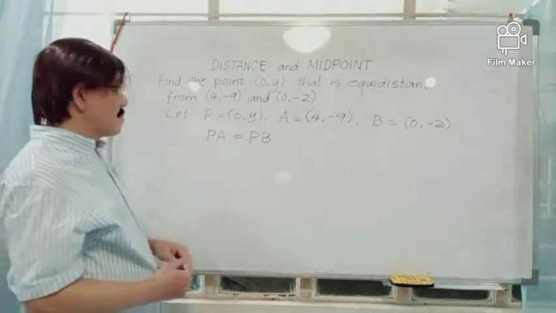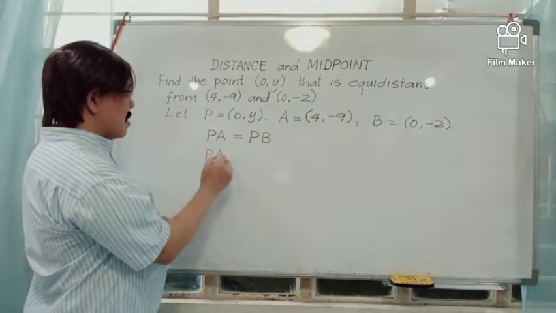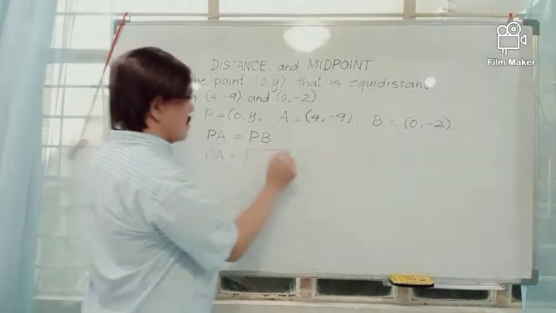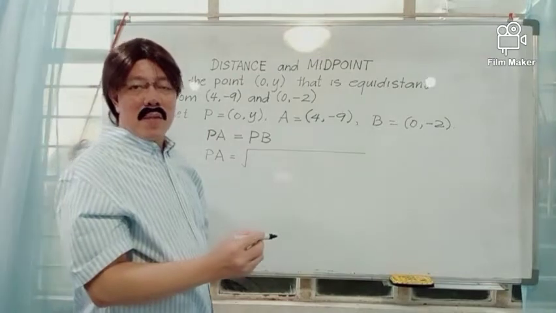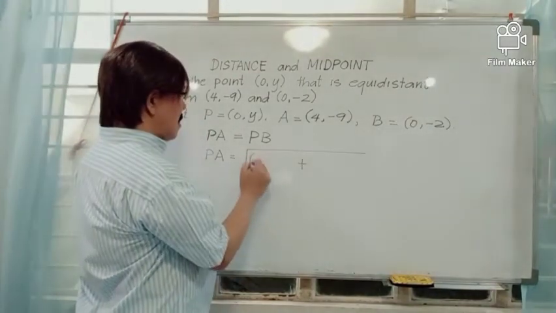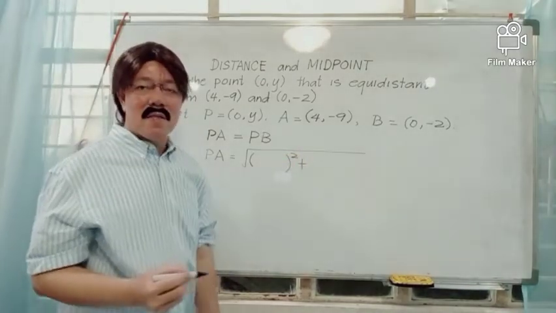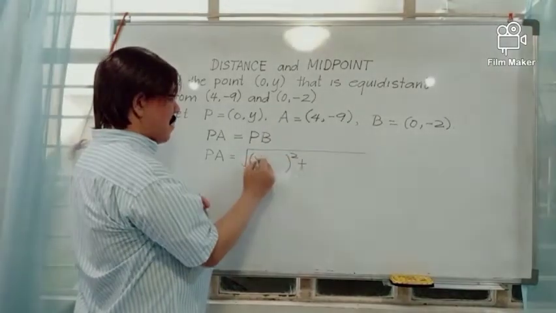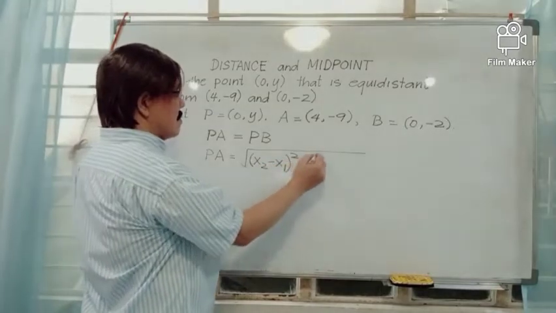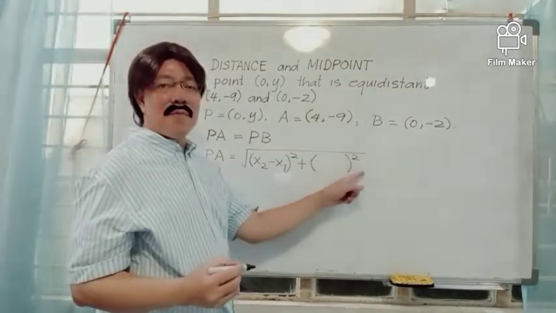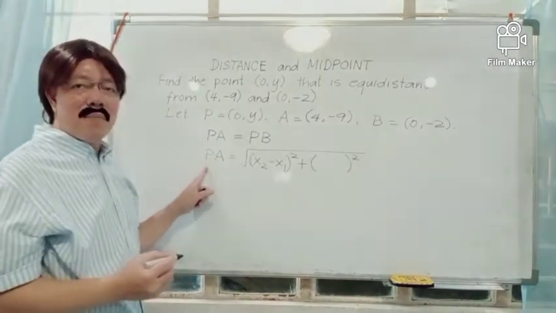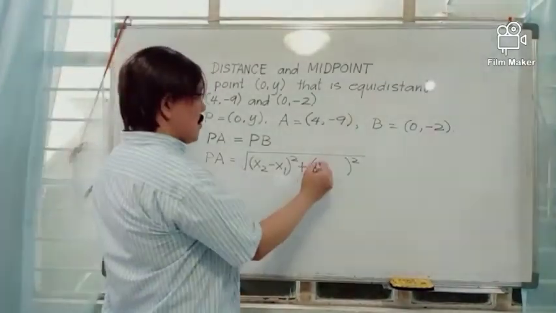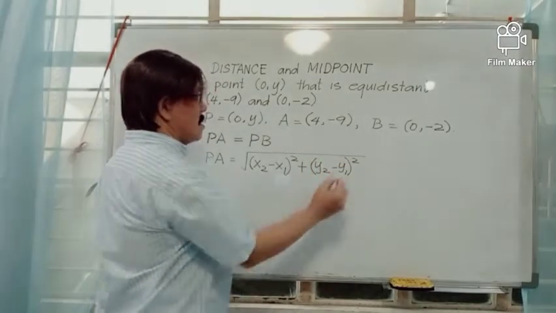By the distance formula, the distance between the points P and A is the positive root, or the principal root, of the sum of the square of the difference of the abscissas of points P and A, denoted by (x2 minus x1) squared, plus the square of the difference of the ordinates of points P and A, denoted by (y2 minus y1) squared.